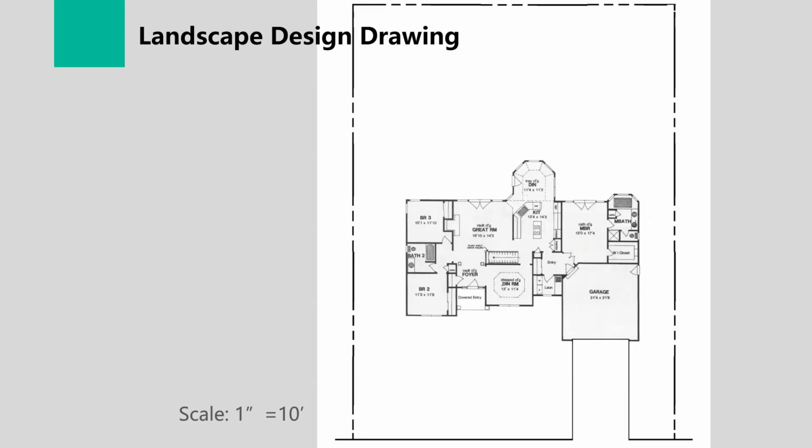Anyway, it's a residential site with a property line, a driveway, and a building in the middle. This building plan, the architecture plan, shows the first floor of this house.